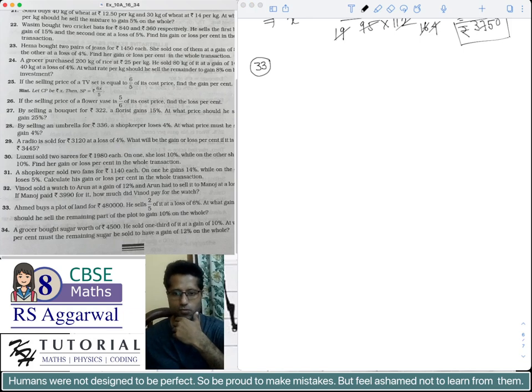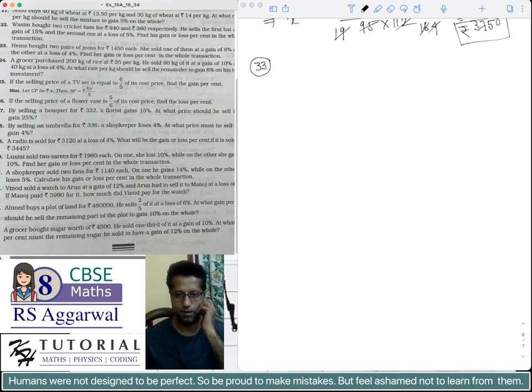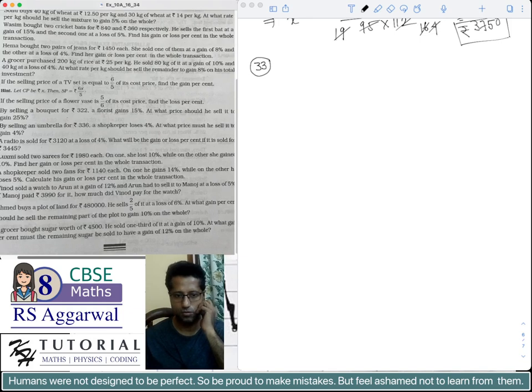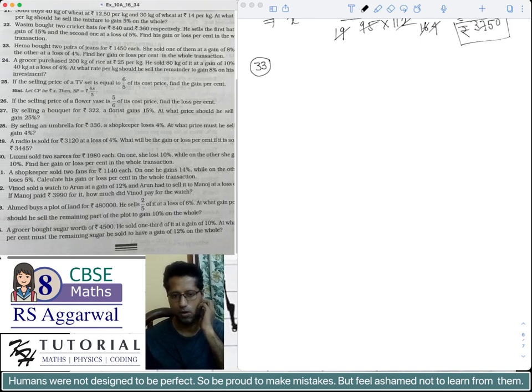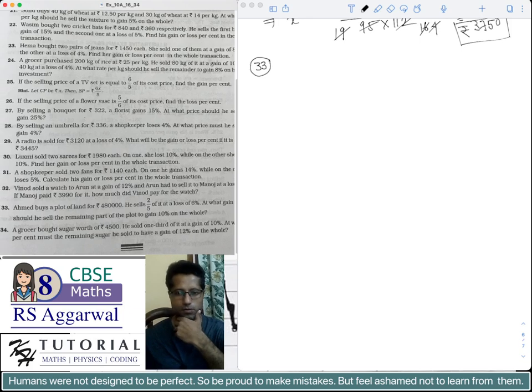He sells 2/5 of it at a loss of 6%. That is 2/5 of the land at a loss of 6%. At what gain percent should he sell the remaining part of the plot to gain 10% of the whole?